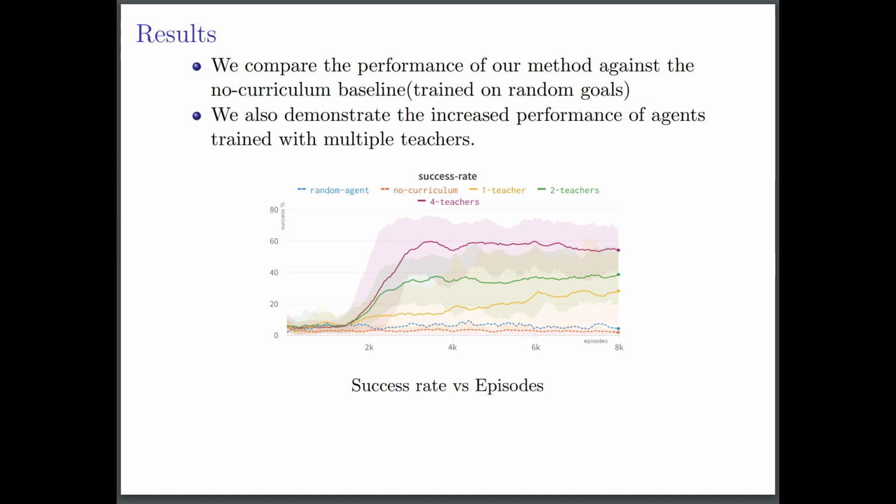Secondly, note that with the increasing number of teachers, two things improve. First, the rate of learning increases, and secondly, the peak generalizability also increases. Note that to make a fair comparison, we have made sure that each algorithm sees an equal number of goals in each episode.